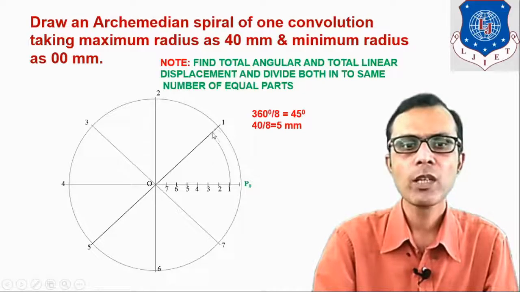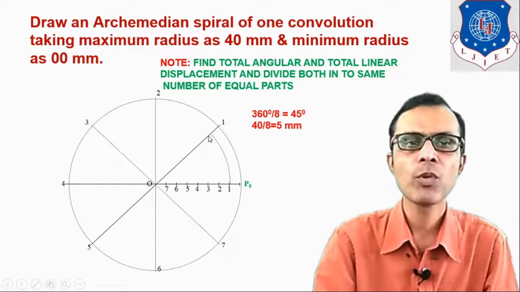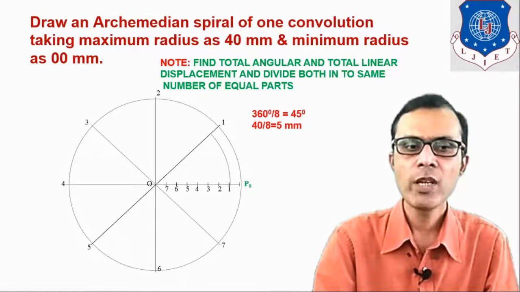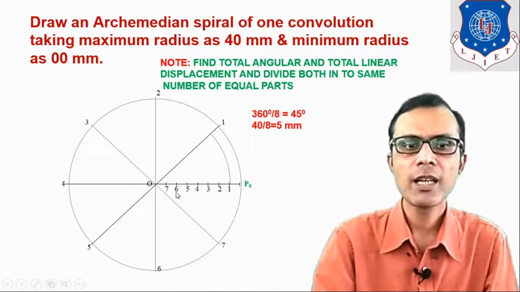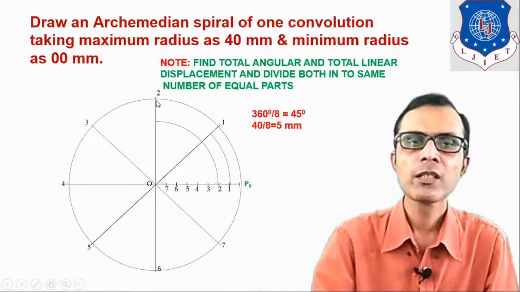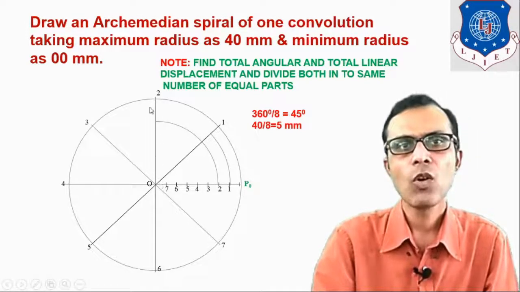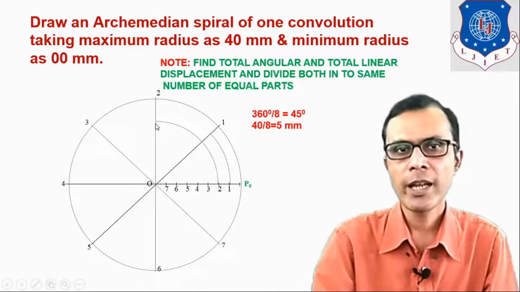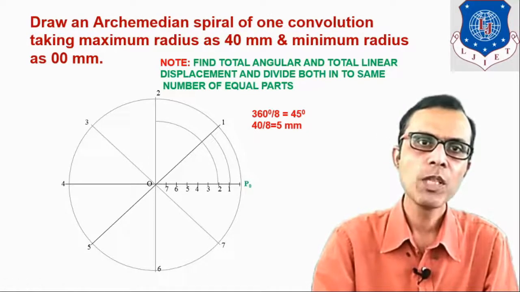Point P0 is now at this position. Now next step is keep O point as center, take compass size O2 and draw an arc till we get the intersecting point with the second next position of the link, that is O2. So here this point indicates the next position of the moving point.